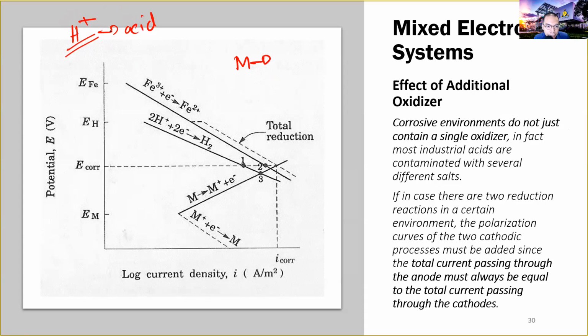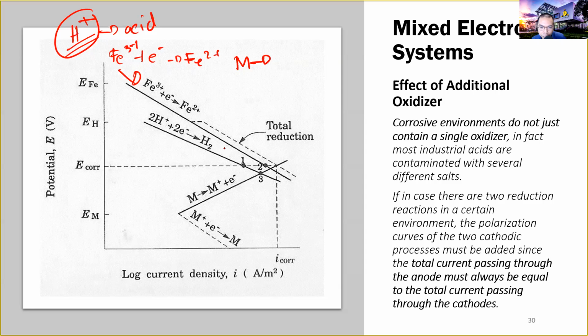Usually in acidic conditions we have H+. It is also attacked by, let's say, ferric salts. When we have an attack by ferric salts, our equation is Fe3+ + e- → Fe2+.